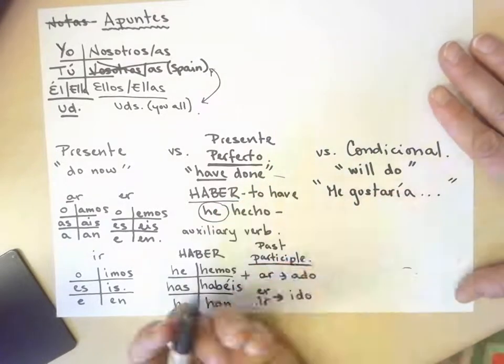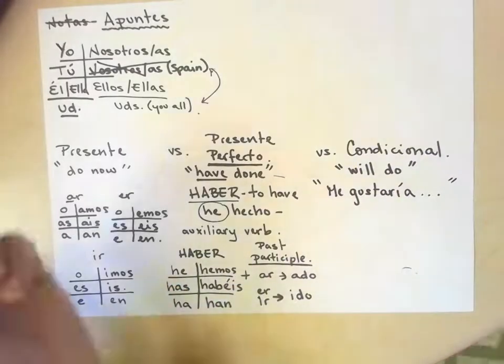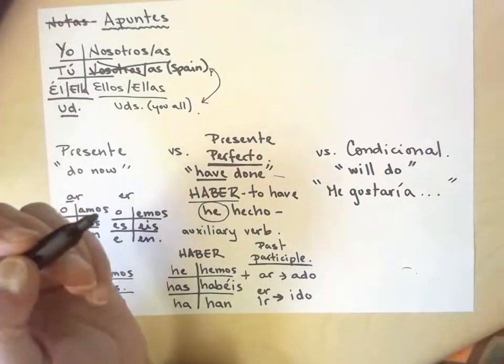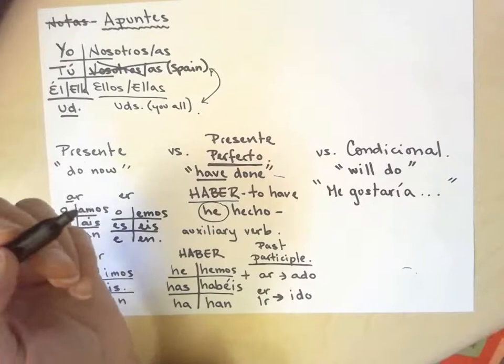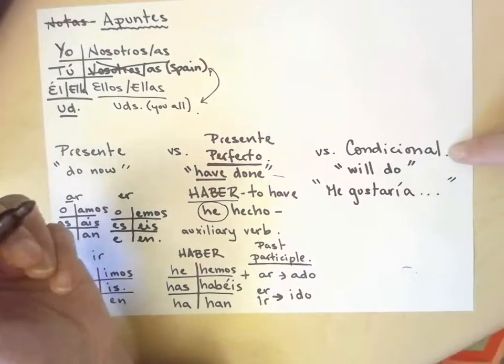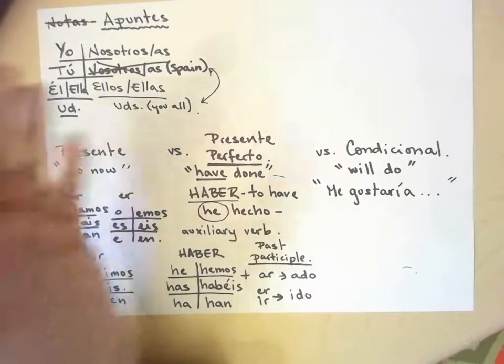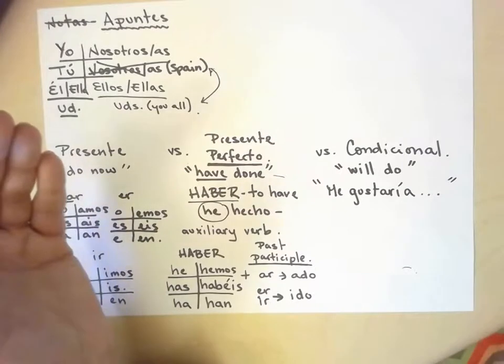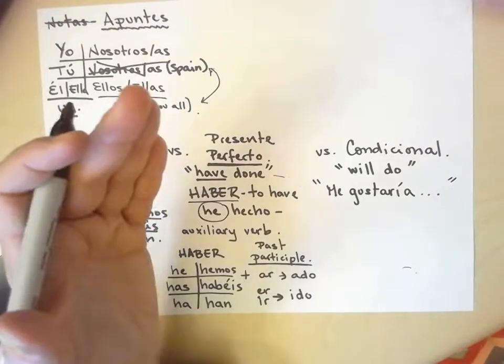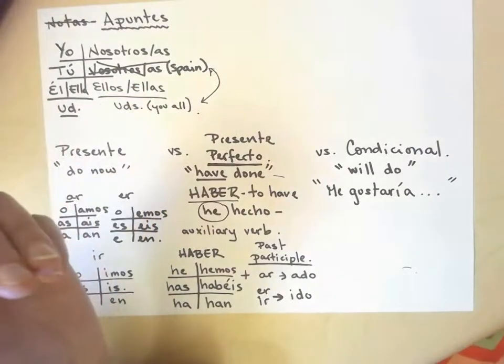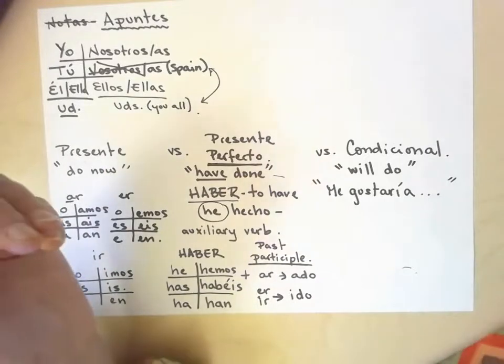Why is it conditional? Well, I can say, me gustaría ir a Puerto Rico. I would like to do it, but I need the conditions for it to happen, right? It hasn't happened yet. So there's a bunch of conditions that have to be put in place for me to go visit Puerto Rico. I would like to go. Me gustaría visitar Puerto Rico.